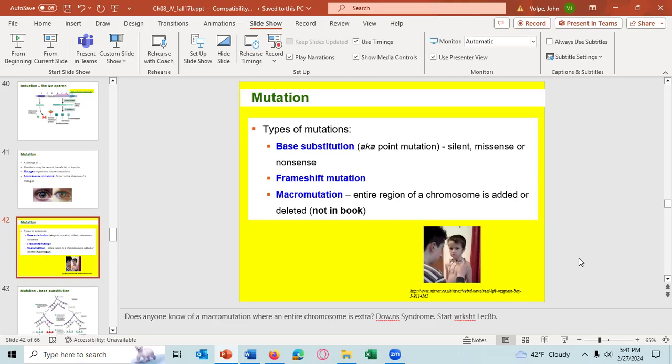This codon now is not 4 nucleotides, it'll be 3. And it could change the amino acid because let's say the first one's going to be AUG, well, we can't change AUG because it's got to start the protein. So let's make the 4th codon different. We add it at the 4th place.